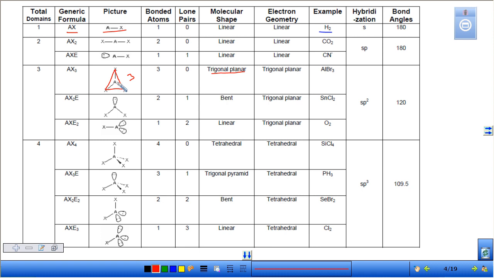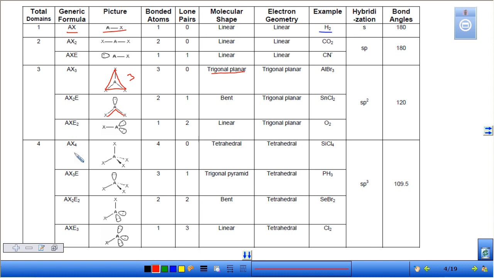We move on to an AX2E, and what we have is what's called a bent shape. We have a central atom, two things bonded, and a pair of electrons sitting up on top, and the shape gives us a bent shape. It only considers the atoms bonding, not any other pairs of electrons.